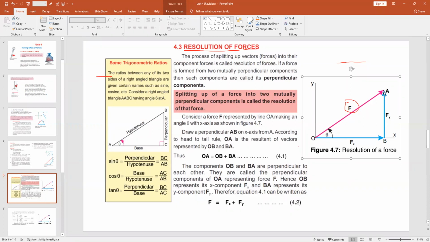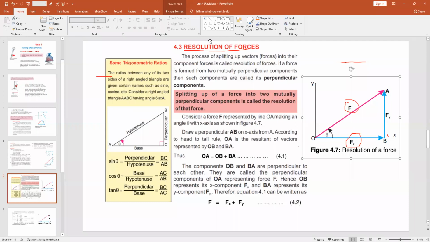So we know that this F is basically the resultant force, and now we have split it into Fx and Fy. This Fx lies along the x-axis, and we name it OB. Then Fy, which lies along the y-axis, we name it BA. So this F is the total effect of Fx and Fy.